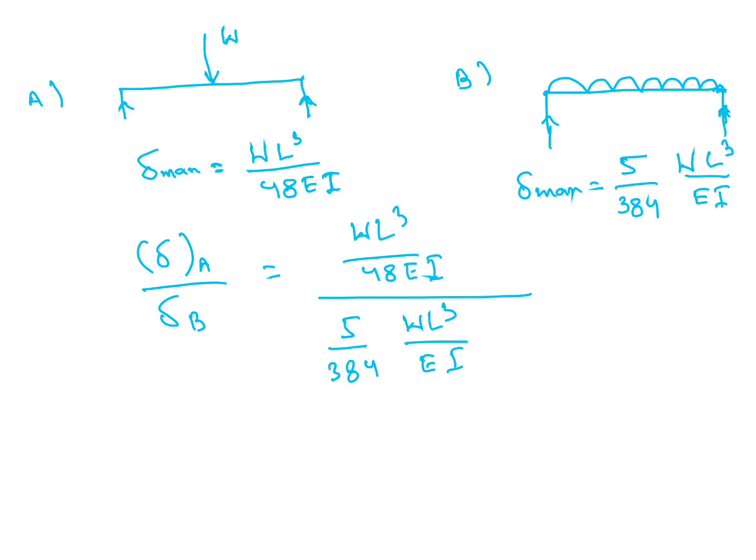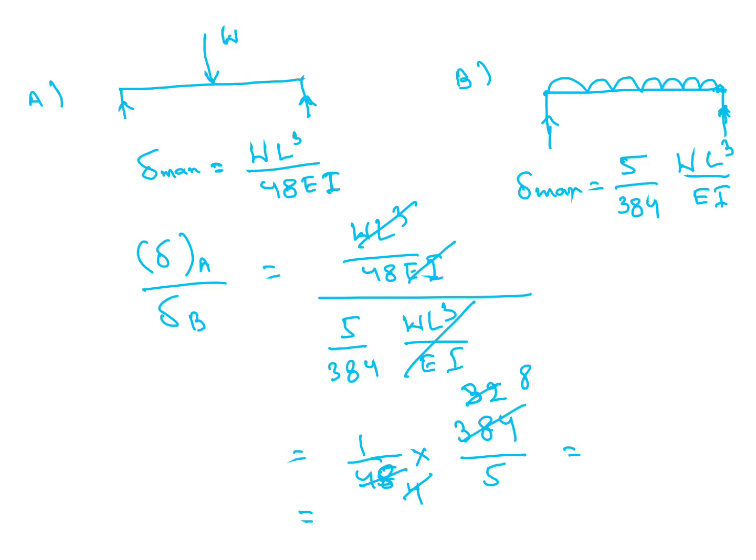Cancel. You will get 1 by 48 into 384 divided by 5. So 48 means take 12 into 4, then 12 into 3, then 12 into 2, 24, 8. We'll get 8 by 5. So from options, 8 by 5, B is the answer.